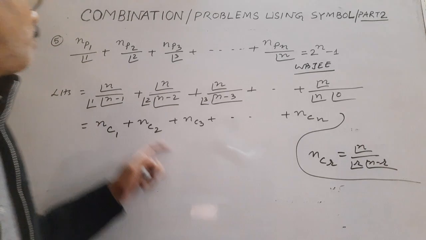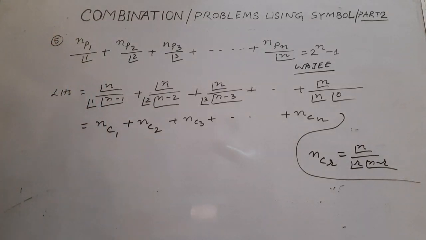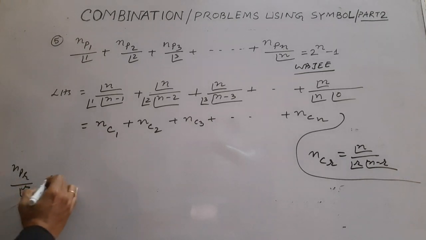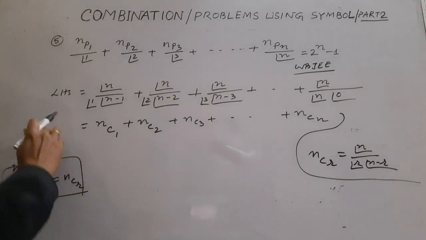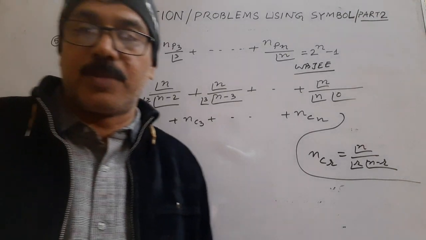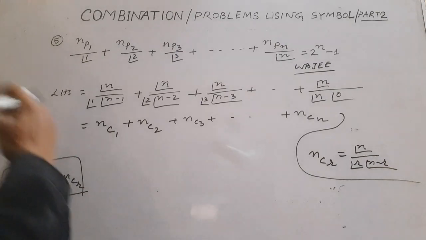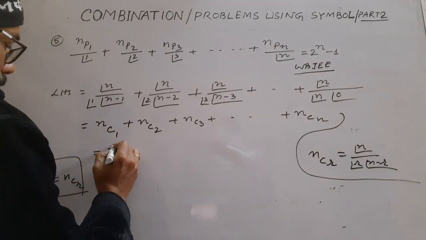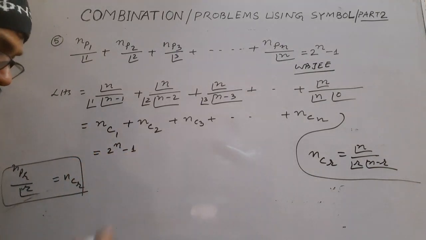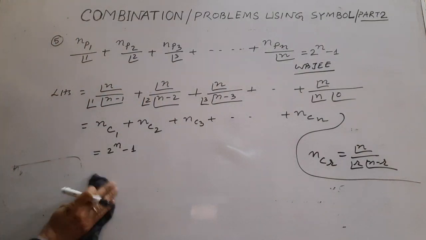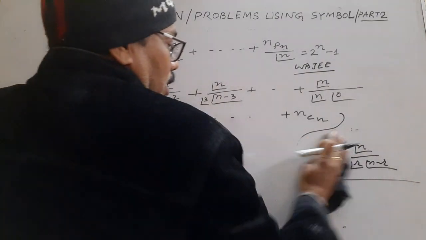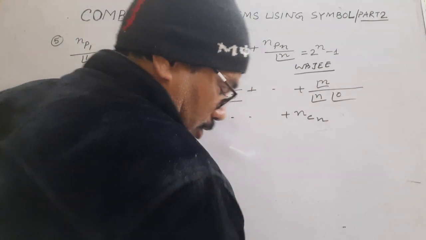So nPr by factorial r is nCr. We can use this result directly. Now, this is 2 to the power n minus 1, because of a well-known result from the binomial theorem.